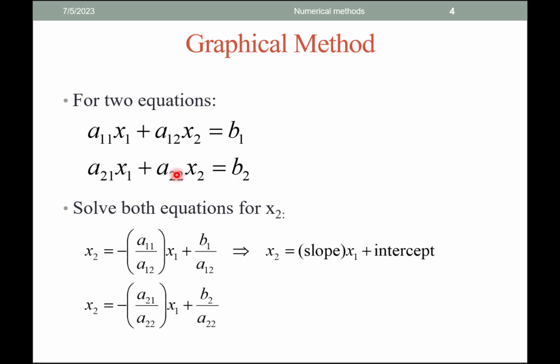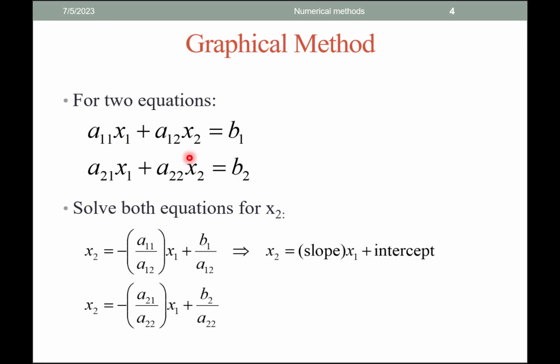If I have 3 unknowns, I need 3 equations, and so on. So the number of equations has to equal the number of unknown variables that you're trying to solve for. In this case, I have 2 unknowns, x1 and x2, and then a11, and all these are coefficients which should be known, all right? And I'm trying to solve for the values of x1 and x2.